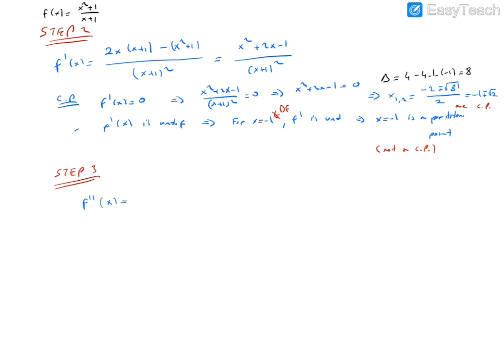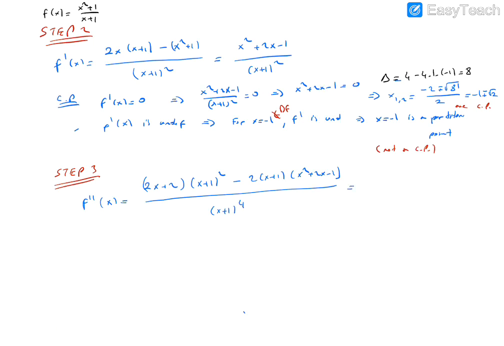So f double prime, from here we should calculate. The derivative of x squared plus 2x is 2x plus 2, times the denominator x plus 1 squared, minus the derivative of the denominator, 2 times x plus 1, times the numerator x squared plus 2x, minus 1, over the denominator squared, which is the power 4.